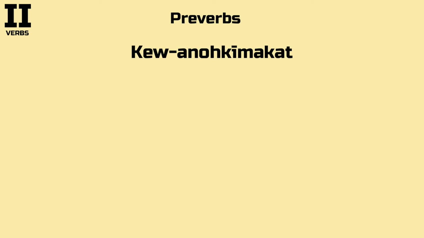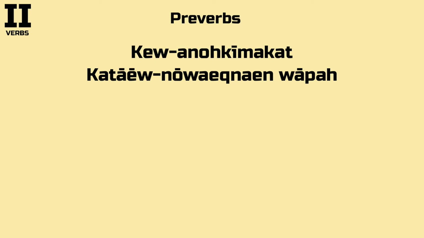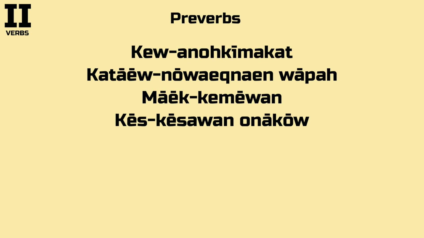Now let's take a second to pair them up with some verbs. For example, Q no kimakat. It always works. Katau noetnen wapa. It will be windy tomorrow. Mak kimeiwan. It is in the process of raining. Case kesawan onako. It was warm yesterday.